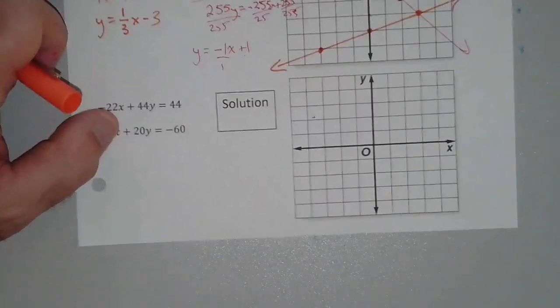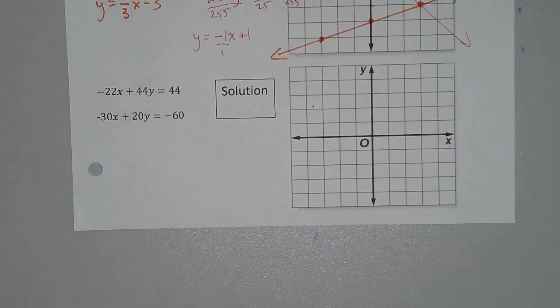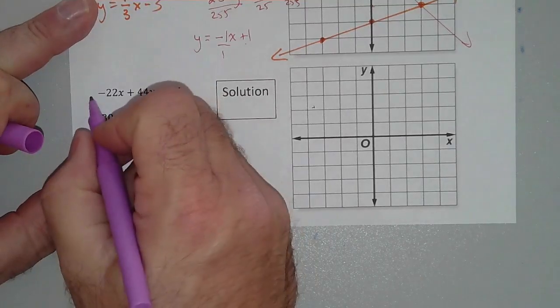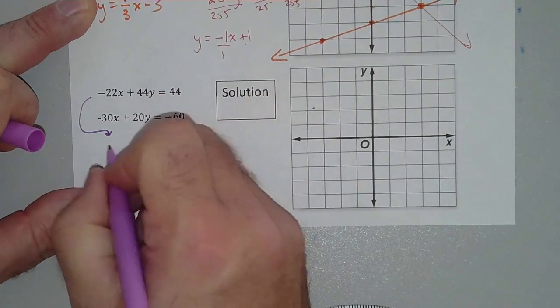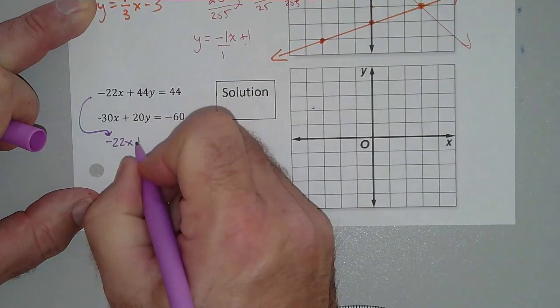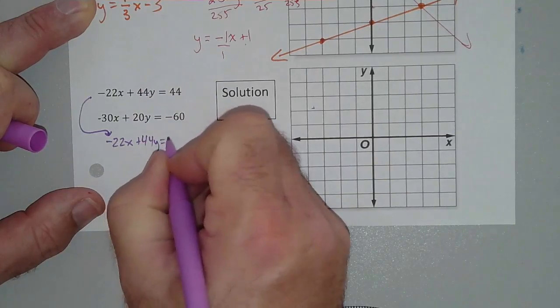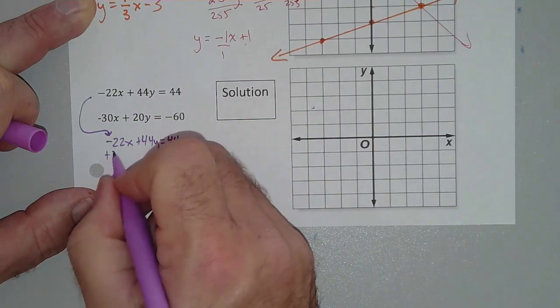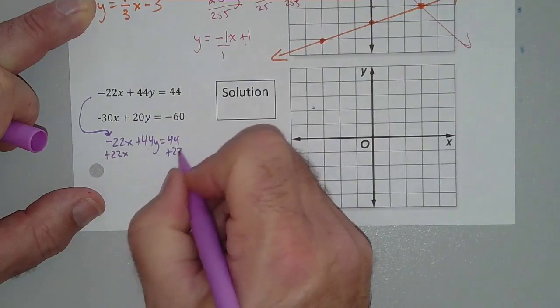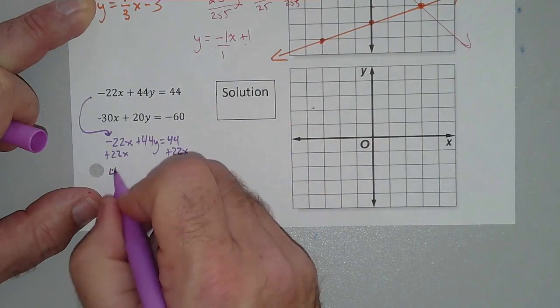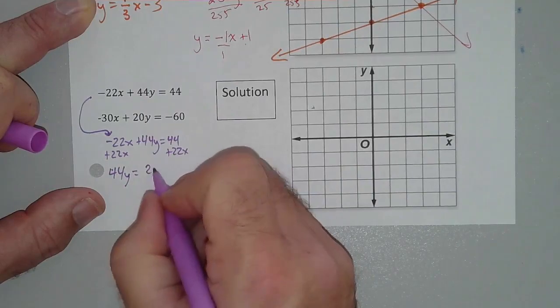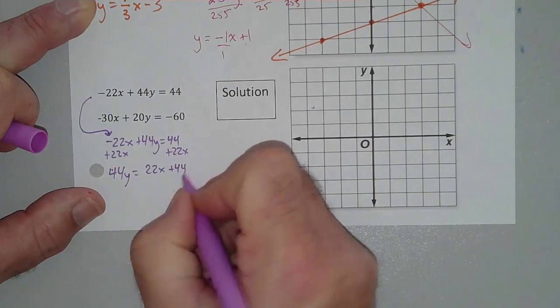Now last one, and as I said in the warm-up, let's see if it is the easiest one. We can only hope at this point. If I'm wrong, then I am wrong. Negative 22x plus 44y equals 44. Add 22x to both sides. And I get 44y equals 22x plus 44.